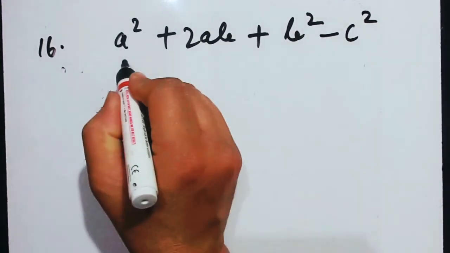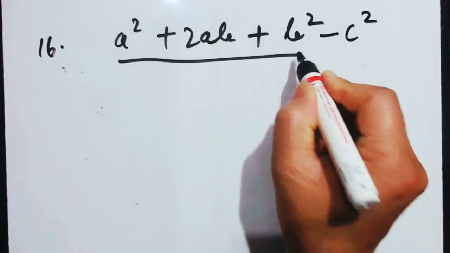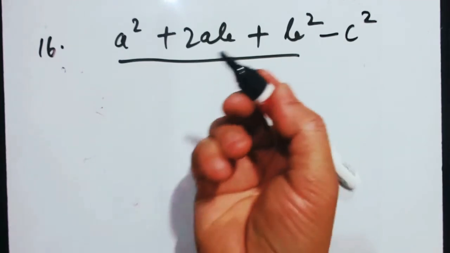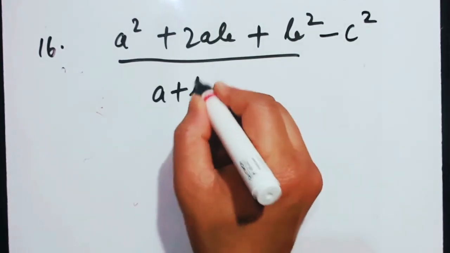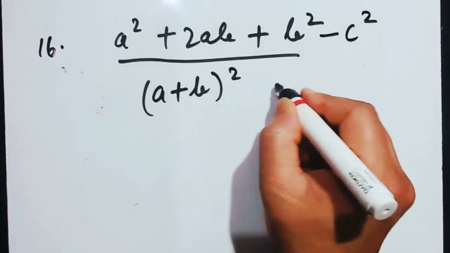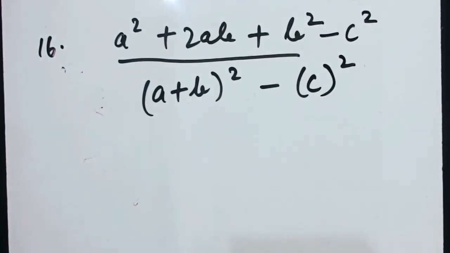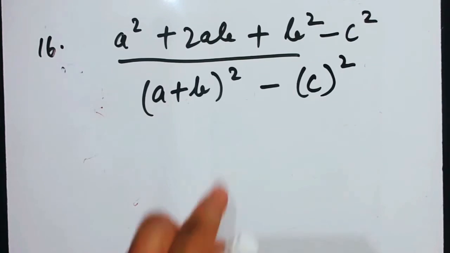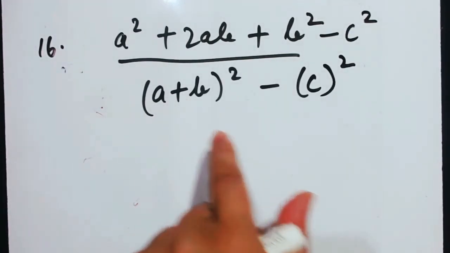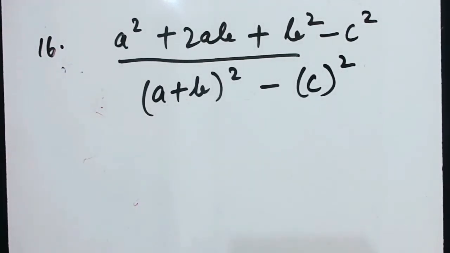So my dear, see, a square plus 2ab plus b square is already a plus b whole square, and this is your c whole square. So now you find that the entire sum over here comes under the formula a square minus b square.